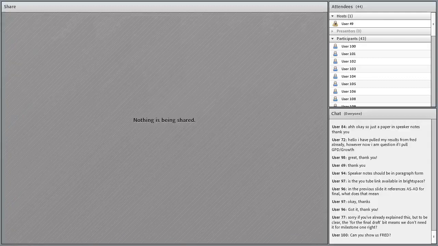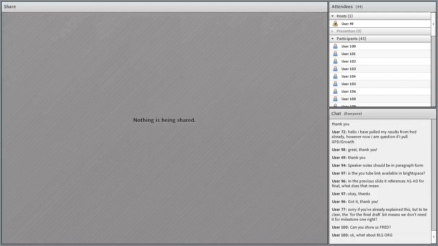Let me see. It's not letting me share Fred for some reason. Let me just see if I can get this working, because it's saying something about Safari, although I'm using Firefox.